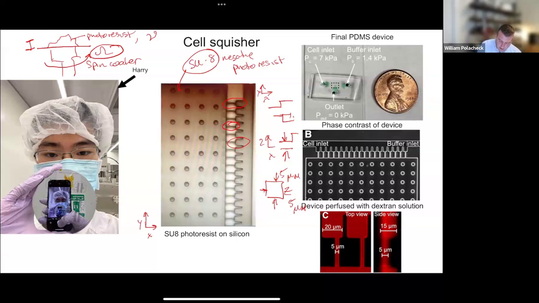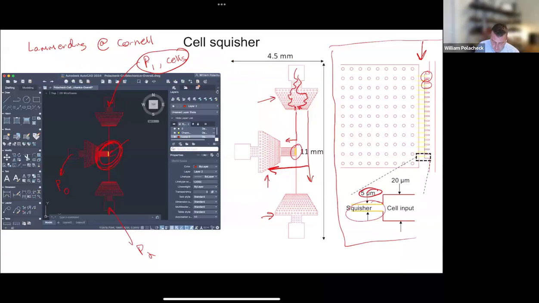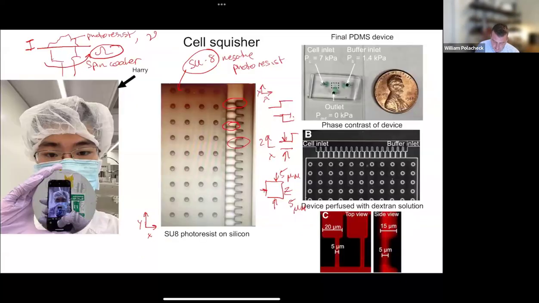And they exposed their coated silicon wafers through those masks on the previous slide. And they ended up, after developing, with a structure that looks like what's shown here.